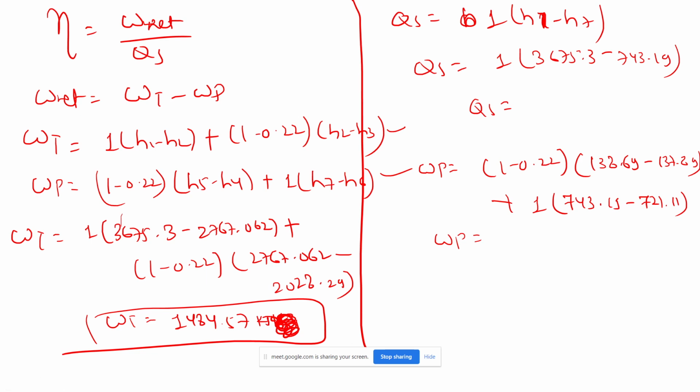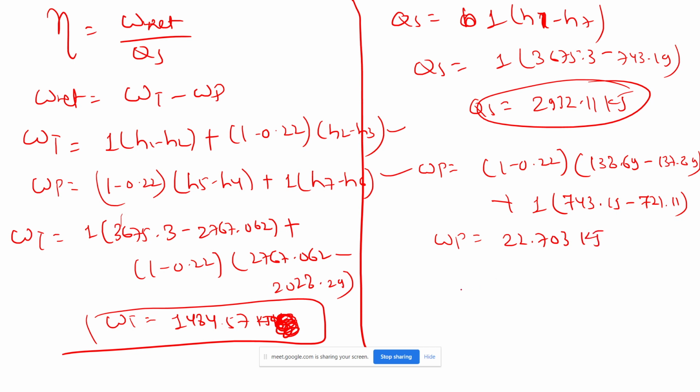What is the heat supplied you are getting? 2932.11. Okay. And pump work? 22.703. Now just put the values: turbine work minus pump work upon Q supplied.